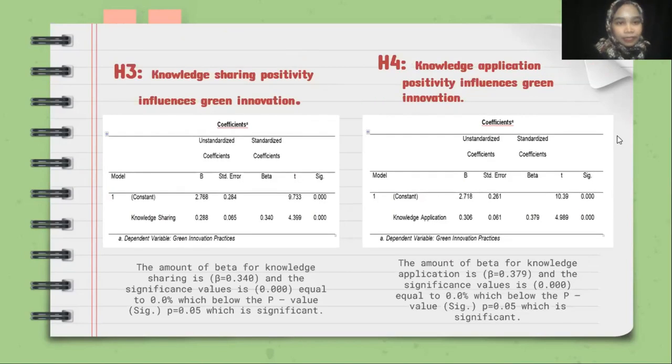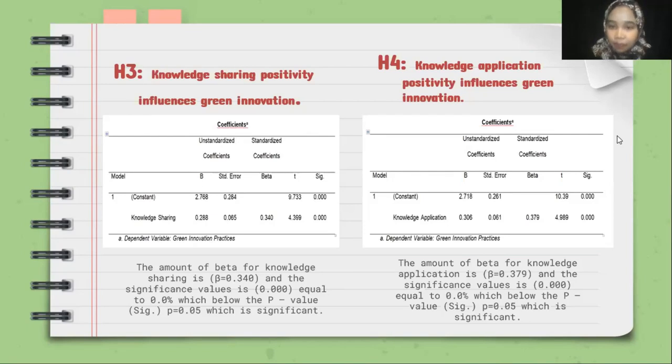Next, let's see hypothesis 3. Knowledge sharing positively influences green innovation. The beta for knowledge sharing is 0.340, and the significance value is 0.000, equal to 0%, which is below the p-value, so it is significant. Moving on to the last variable, knowledge application positively influences green innovation.